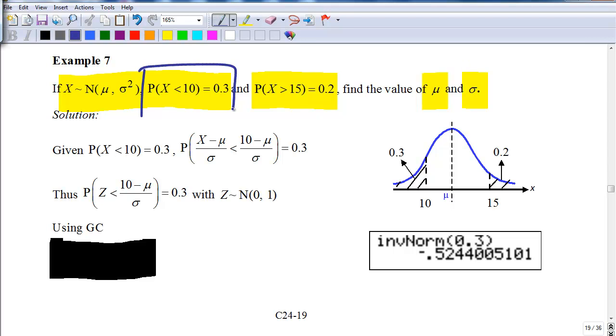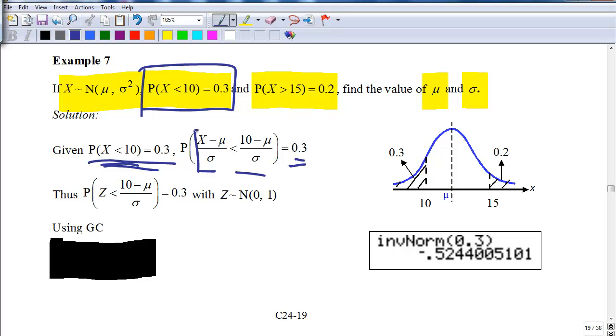The first information given is the probability x less than 10 is 0.3. Then I can do what I just did in example 6. I can standardize: I will minus mu and divide by sigma on both sides of the original equation. Remember you are only dealing with the things inside the bracket. Nothing should be done to the 0.3 on the outside.